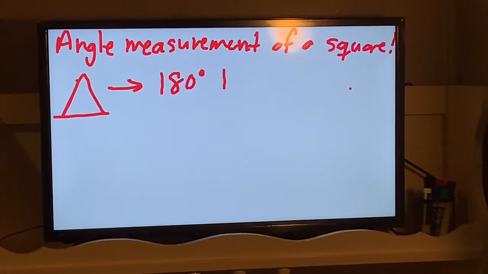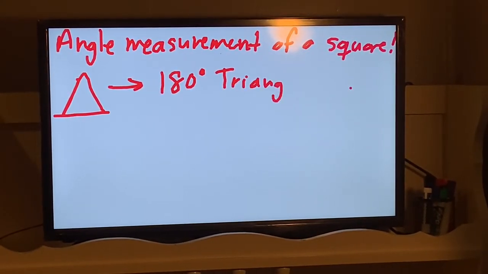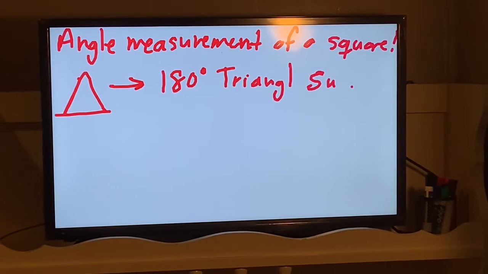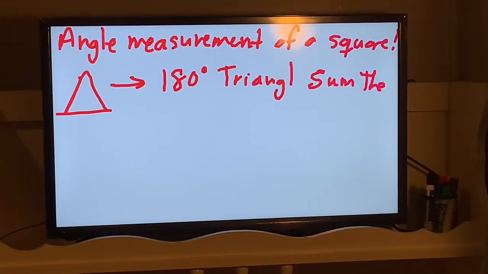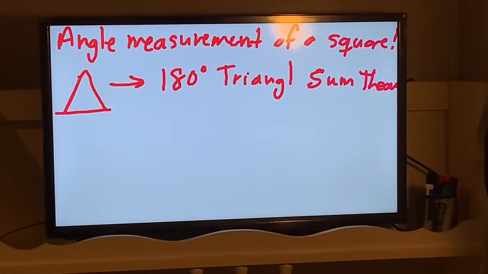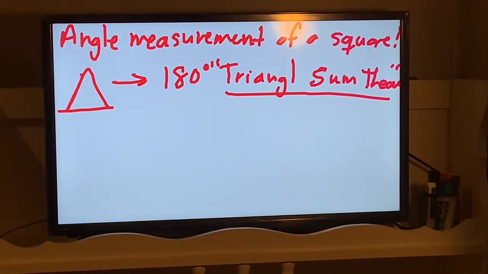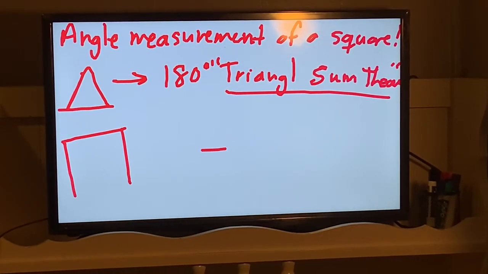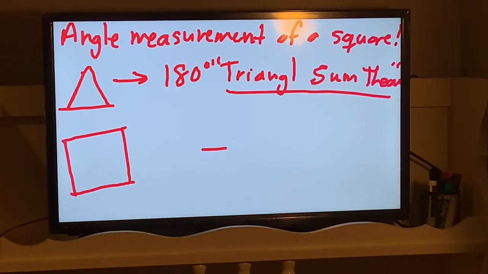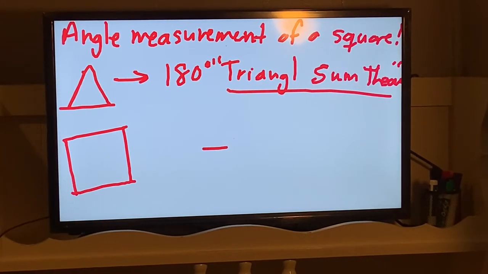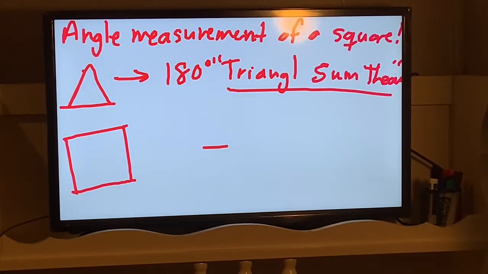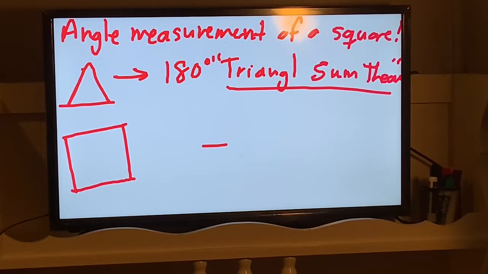This is called the triangle sum theorem. We've studied this before, nothing new. But now we're trying to figure out how much a square's total angle measurement is. Go ahead and give yourself about 45 seconds and try to figure this out. How do you know?